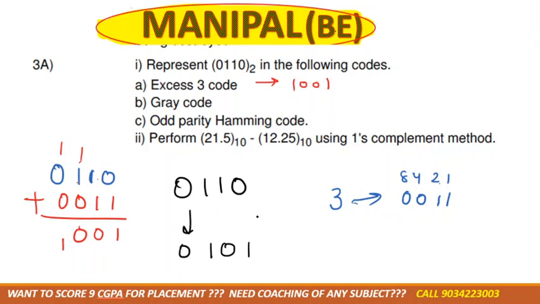Do you know how it came? 0 is as it is. 0 plus 1 is how much? 1. 1 plus 1 is how much? 1 plus 0 is how much? 1. Okay. The answer, yeah, carry will be ignored.